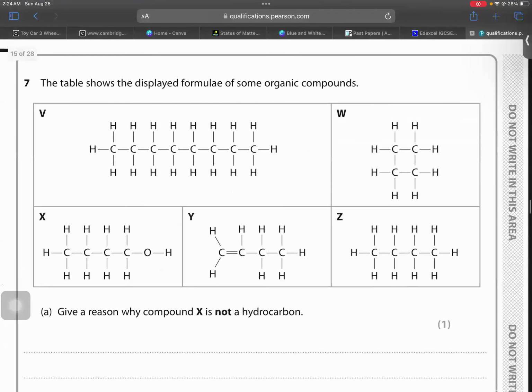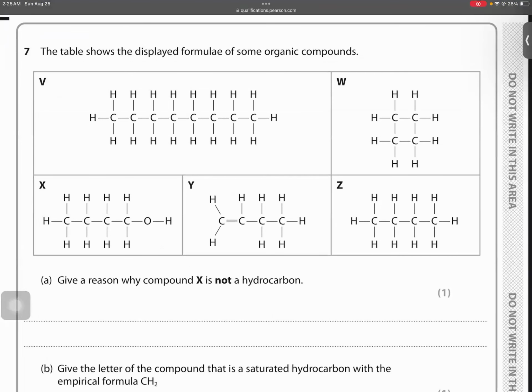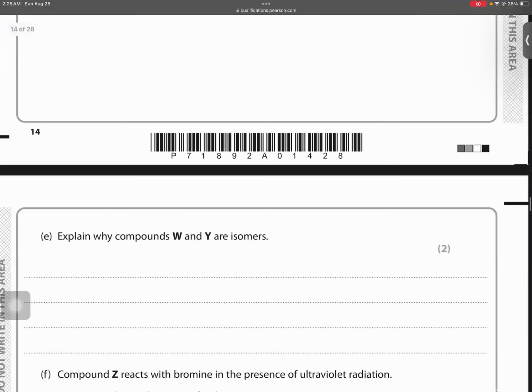Yeah, they have the same molecular formula, right? But different structure, different arrangement of the atoms, because C is double bonded.